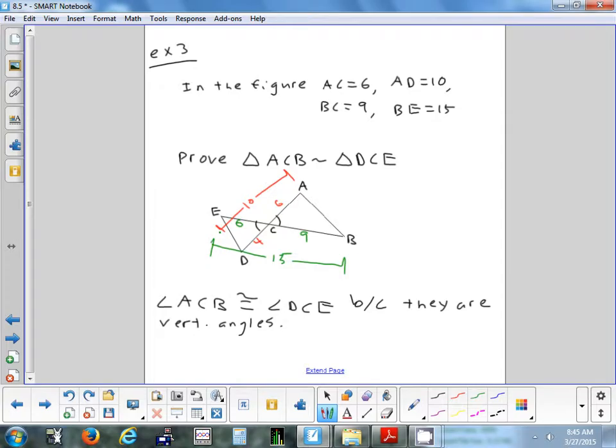Anybody see a proportion that we could set up to show if those are similar? So remember, ACB, this is one triangle, and DCE, this is the other. So why don't we set it up like we did before? Big side of one triangle to small side.